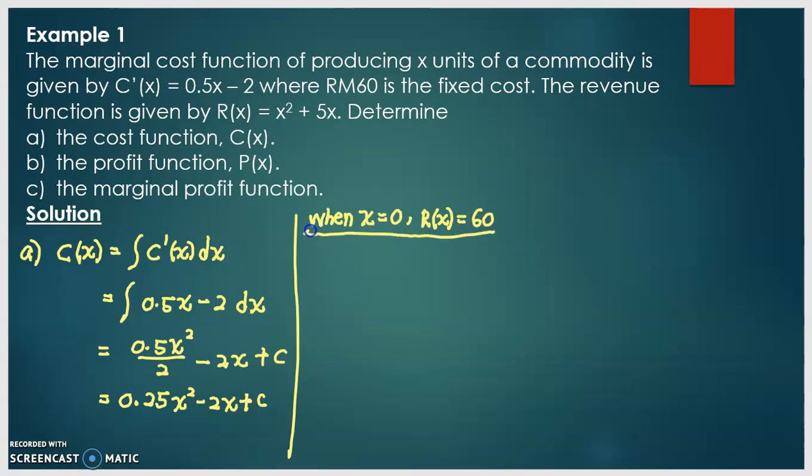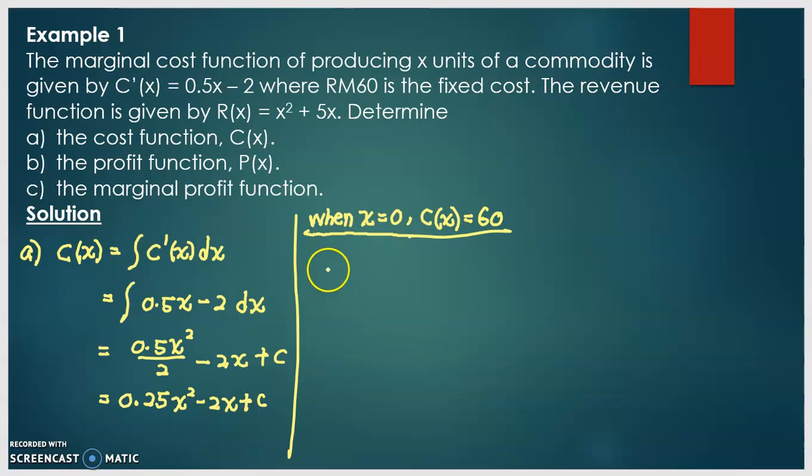So I substitute this value into the cost function, and the cost will be 60 ringgit. So not R but C. Sorry, here is the cost function. The cost function is C(x), so C(x) is equal to 60 ringgit.